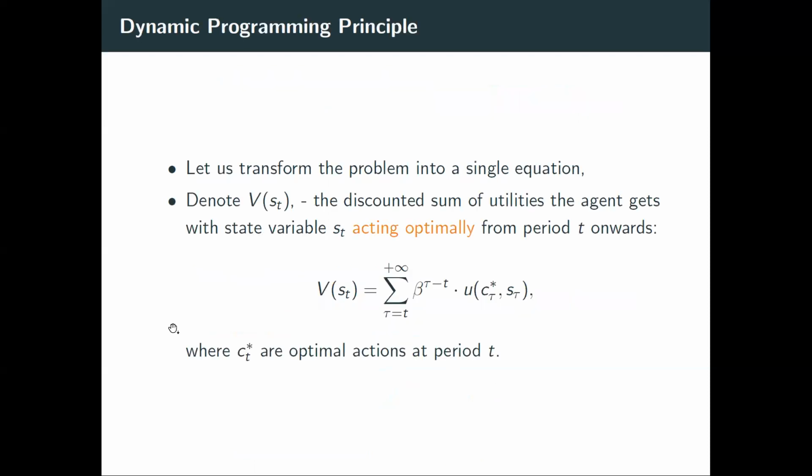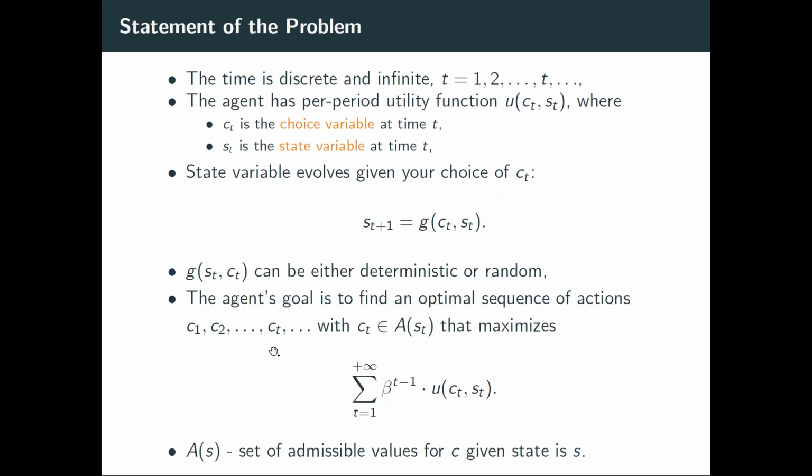Okay, so let us transform again as promised. Here it was a statement. And again, as we've seen in the basic example, it's an infinite sum. Here it's more complicated. It's not a sum of just fixed numbers, because this utility can change according to some specific law of motion for the state variable.